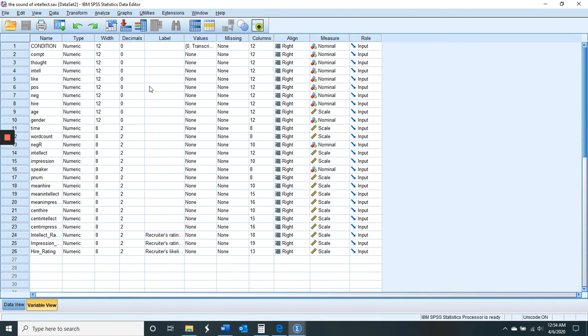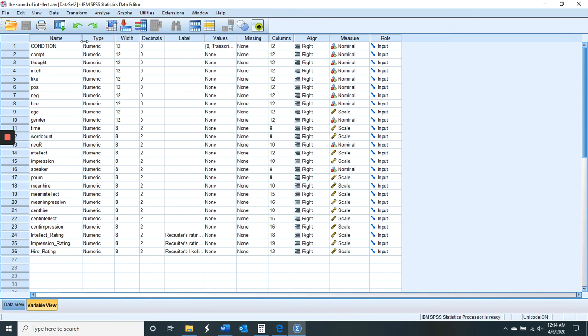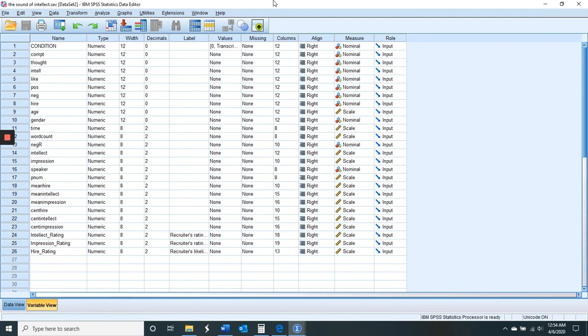So for this, these are actually data that was given. I was quite surprised. It's actually a published study in one of the top journals, and they allowed their data to be used for educational purposes.